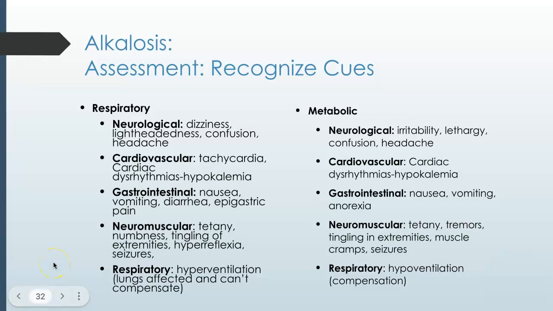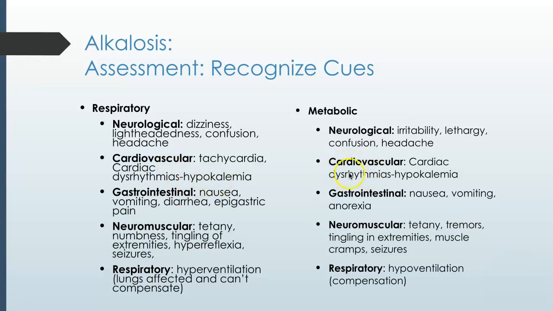So, alkalosis assessment. Again, you're going to see a lot of similar signs and symptoms. They're both going to have potentially confusion, headache, dizziness or lightheadedness here versus some irritability. Cardiovascular with respiratory, tachycardia, can have that cardiac dysrhythmias, again, because of that hypokalemia.